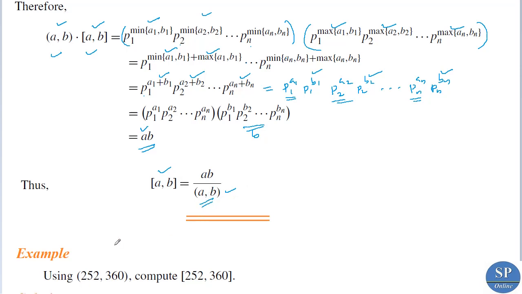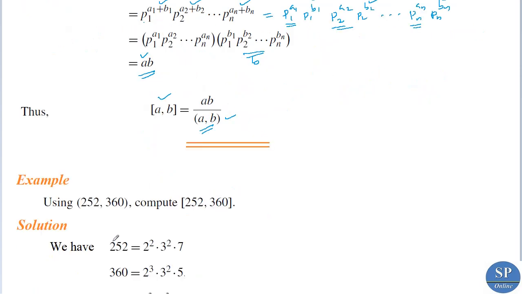We have an example: using the GCD of 252 and 360, compute the LCM of 252 and 360. By the previous theorem, the LCM of 252 and 360 is equal to 252 into 360 divided by the GCD of 252 and 360.